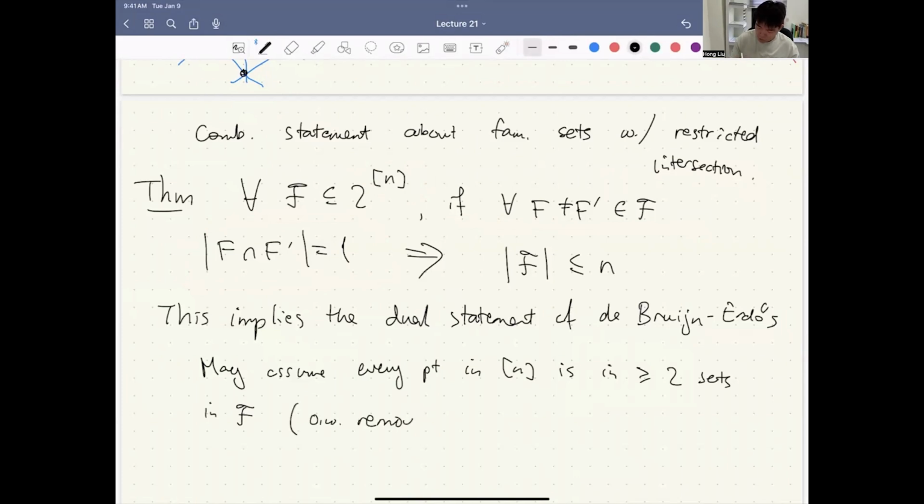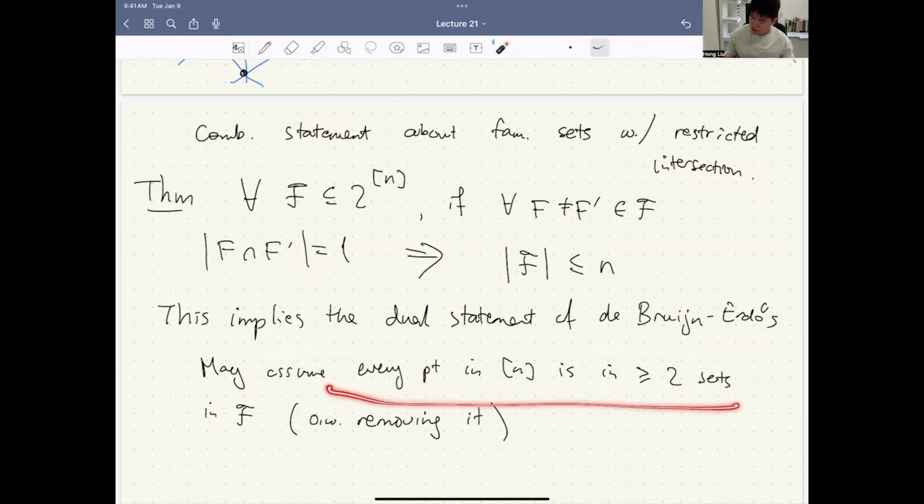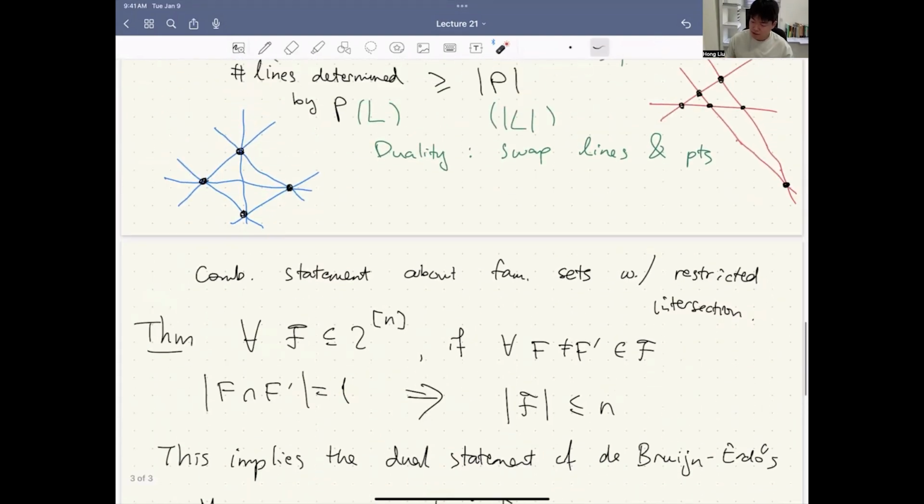Now, every point in at least 2 sets is the same as every point is determined by some 2 lines. Then that's the dual statement.